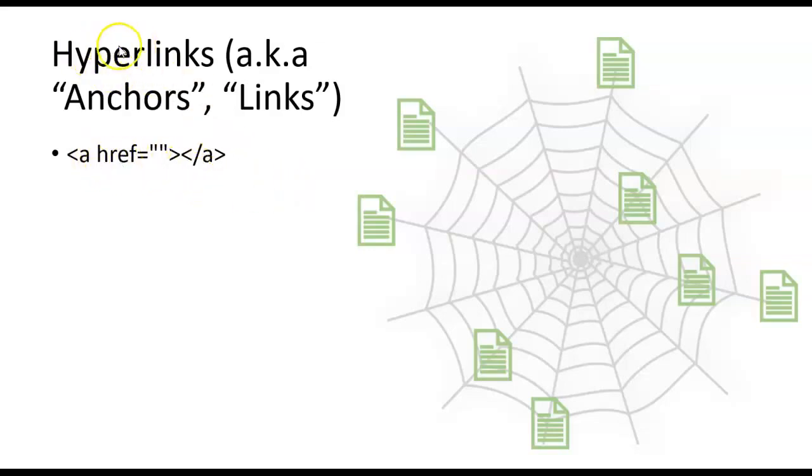And you can see by the ambiguity in the names here that this was an old idea that was called different things over time. But this is a really, really powerful idea. The idea that a document can link to another document through the internet.